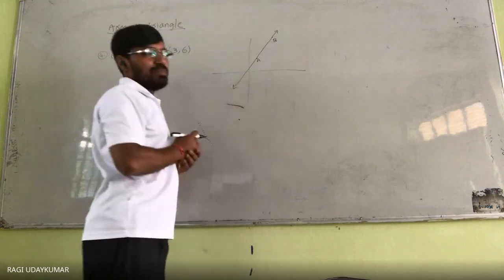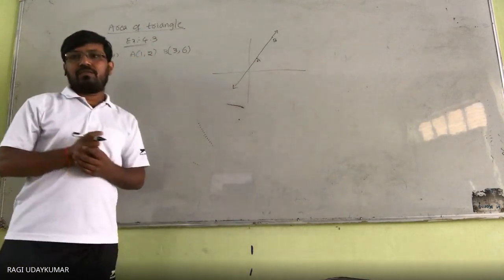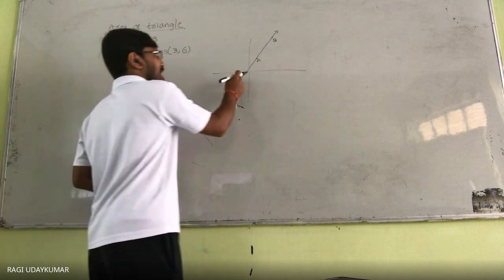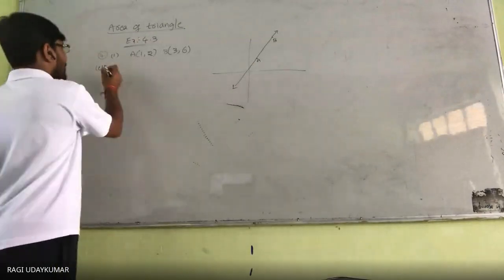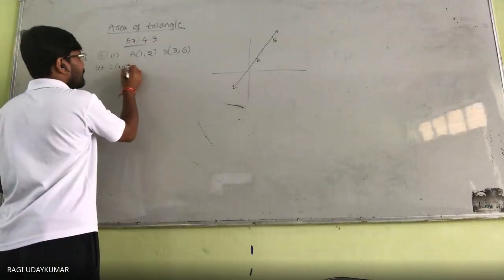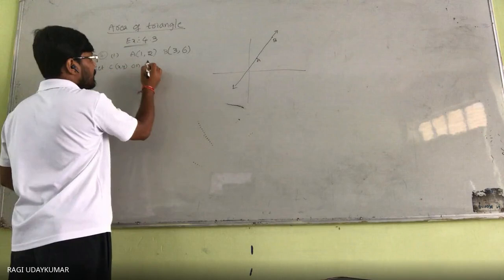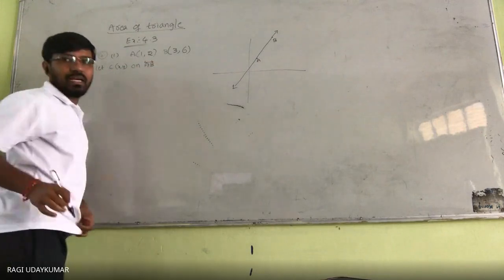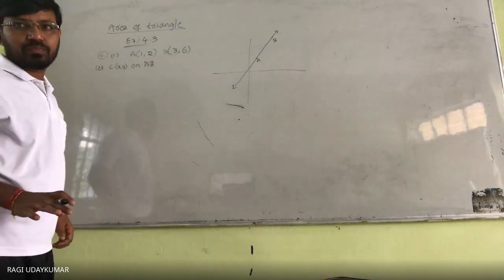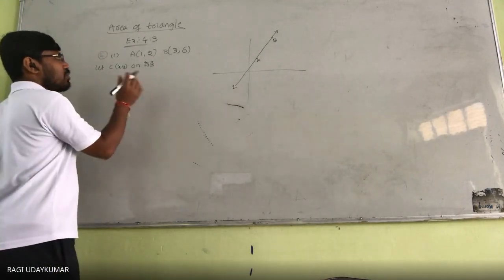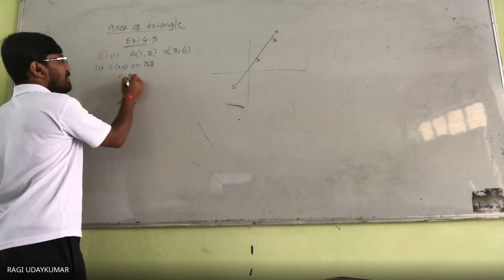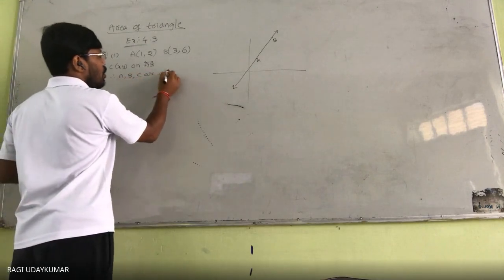But using the determinants, to find out one more point, let us consider on this line some other point C. Let C x comma y be on line AB, any point. Therefore A, B, C are collinear.